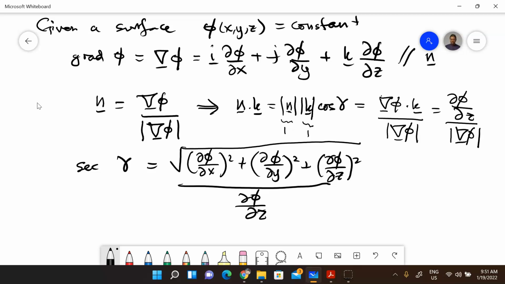So this on top here is essentially your modulus of gradient phi. So that is your secant gamma.